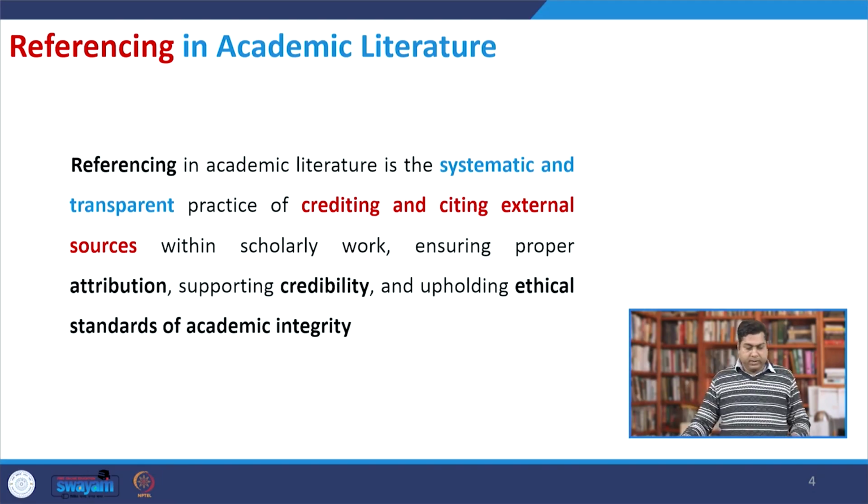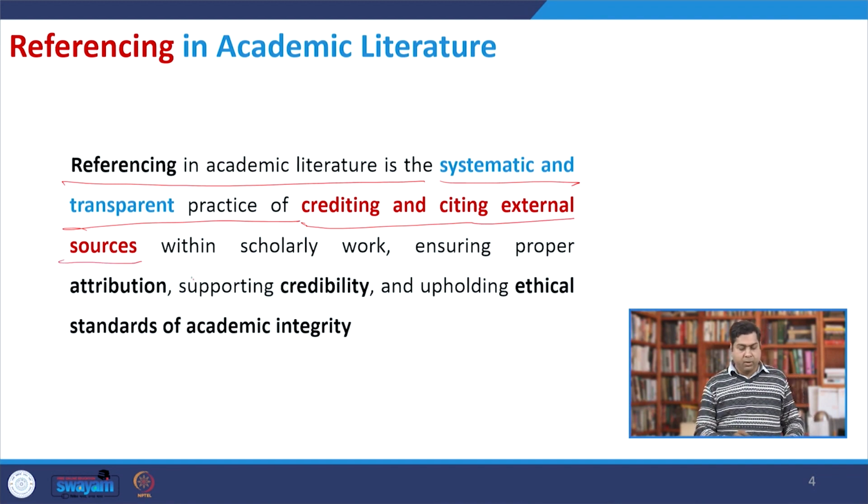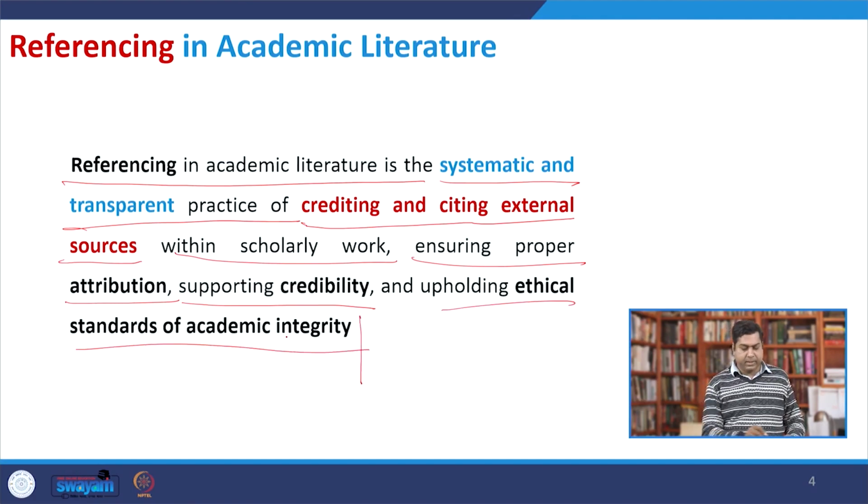Moving forward to referencing in academic literature. What exactly is it? Referencing in academic literature is the systematic and transparent practice of crediting and citing external sources within scholarly work, ensuring proper attribution, supporting credibility and upholding the ethical standard of academic integrity.